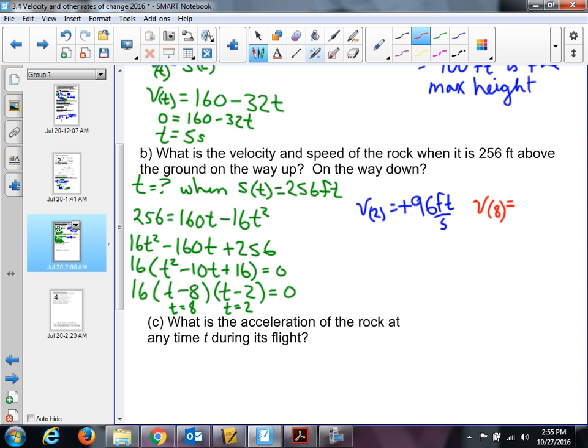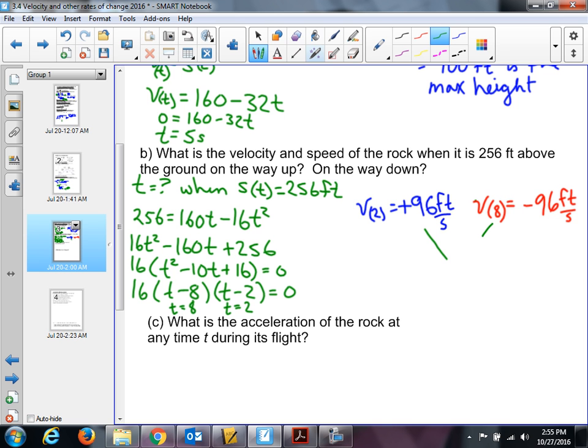The difference between 256 and 160 is 96, and it's negative. So, on the way up and on the way down, it's the exact same speed at the same spot. Speed. Velocity is different because it's got different direction, right?